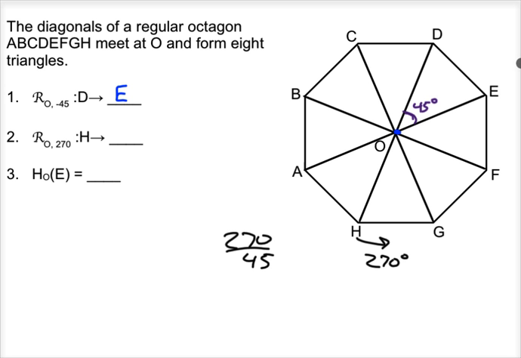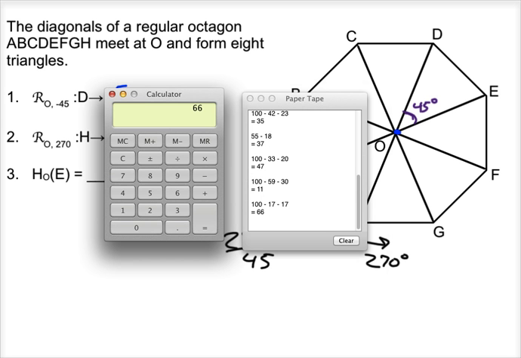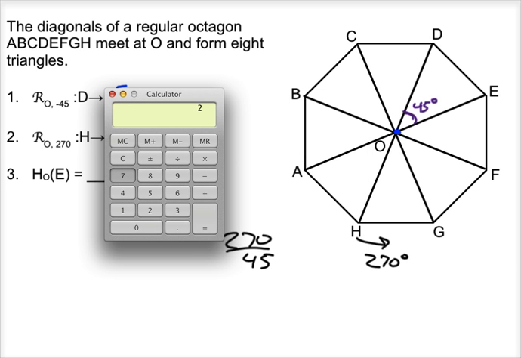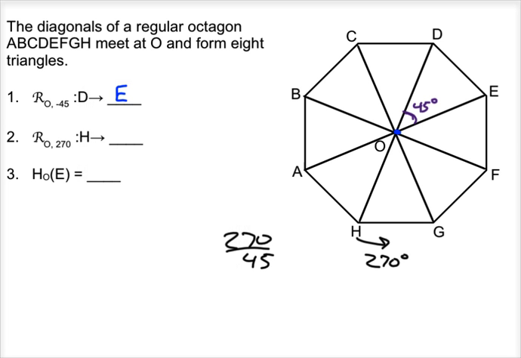We can easily grab our calculator, divide, and see how many letters we have to go around. So if I take 270, divide by 45, I get 6. So I'm really thinking it's just going to go 1, 2, 3, 4, 5, 6 letters around, I end up at B.